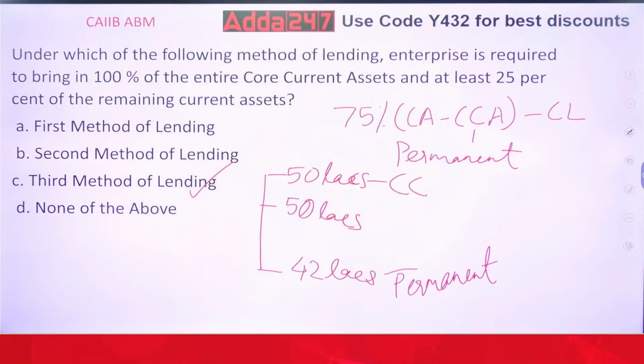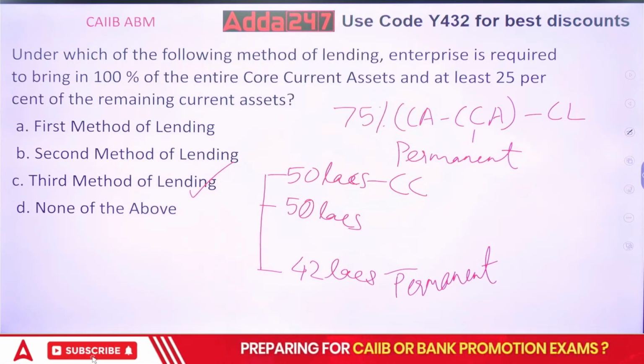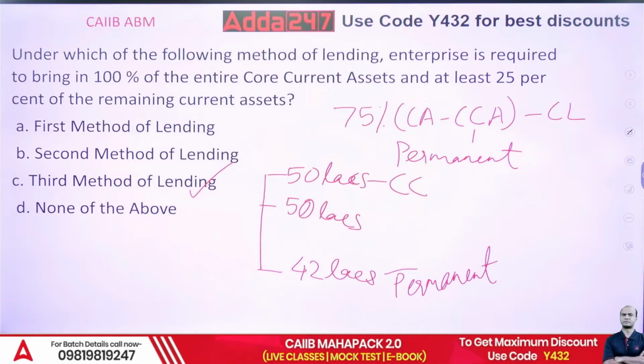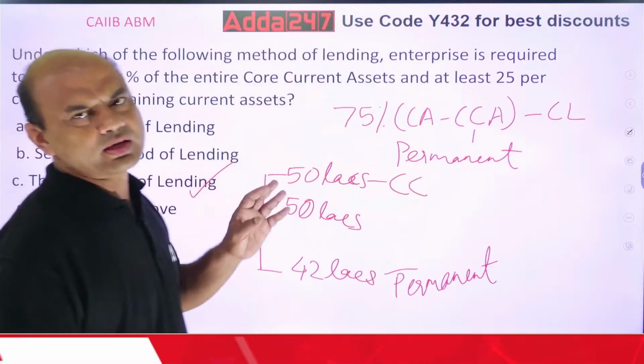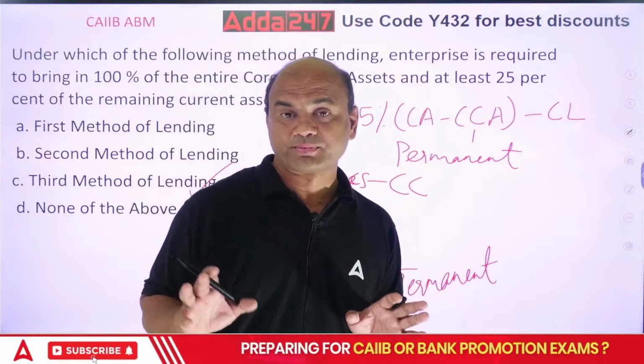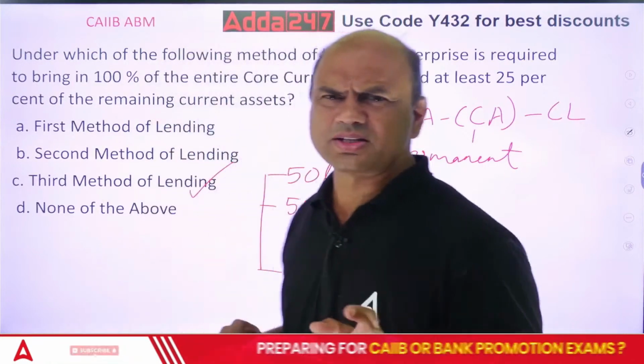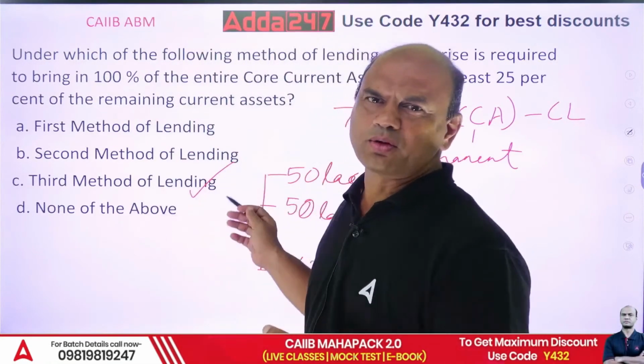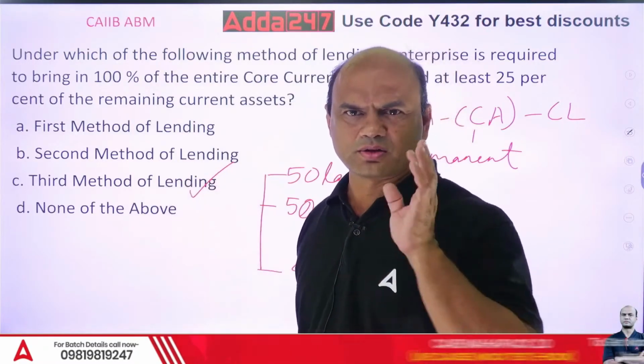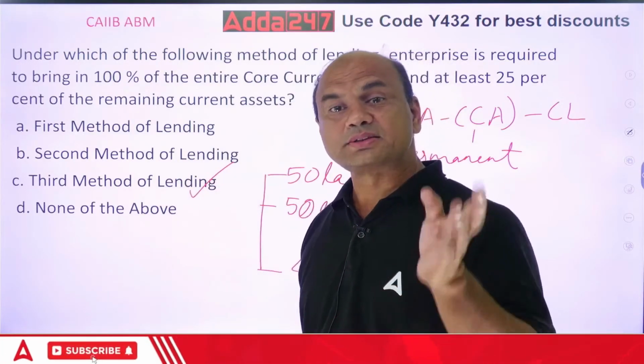Because of the minimum level of working capital, raw material, or you can say, some banks give some other logic to this. You need to understand this core current assets as a JAIIB student. If you are not in JAIIB, just writing the formula and giving the answers, that's not the logic required. You need to understand the concept.